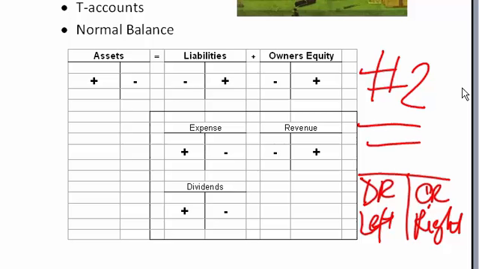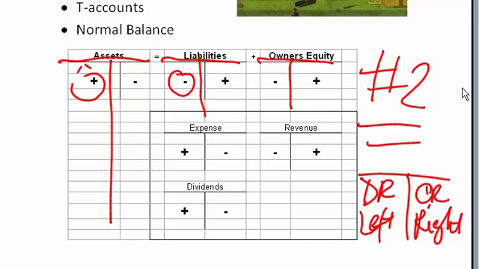It's not true. I've made up a quick spreadsheet and popped it in to show you that with our assets, liabilities, and owner's equity, we have a T account representation of each one of the accounts. You'll notice that if we debit an asset, it increases it, but if we debit a liability, it decreases. So you just have to memorize this T account example.